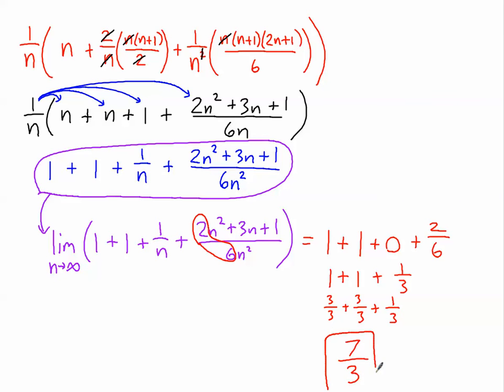Whew, love it. What a fantastic problem that is. A lot of good work. Go back and watch this if you need to. We'll practice this in class, and we'll practice substituting those formulas.